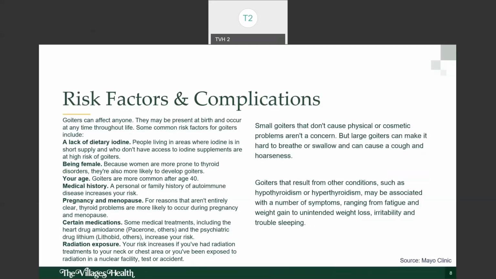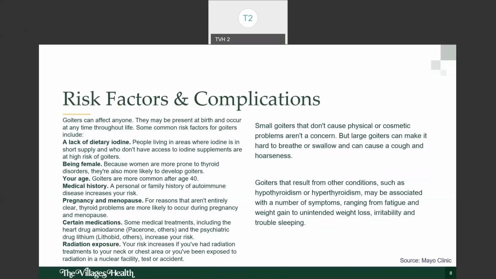Your medical history is also a risk factor. If you or your family has a history of any autoimmune disease, you're at an increased risk for developing a goiter. Going through pregnancy or menopause, these are also possible risk factors. Now, the reasons aren't entirely clear why, but thyroid problems are more likely to occur during pregnancy and during menopause.